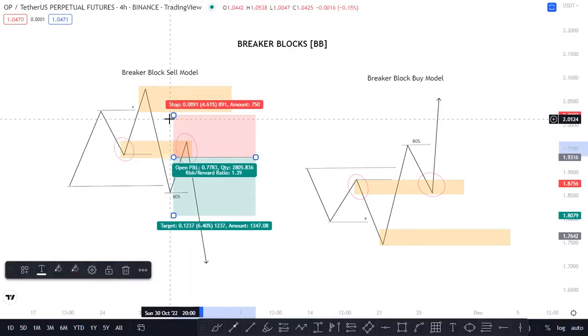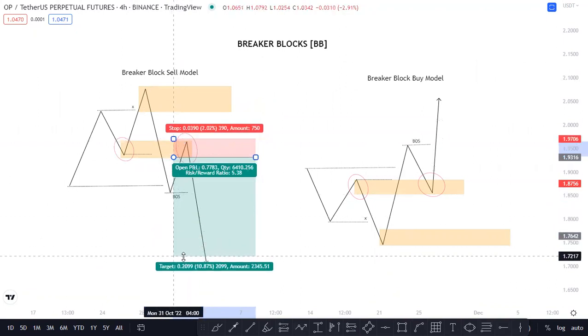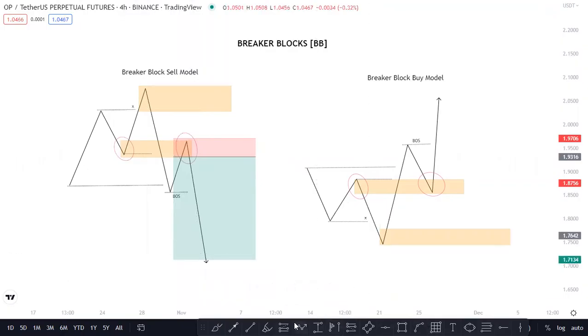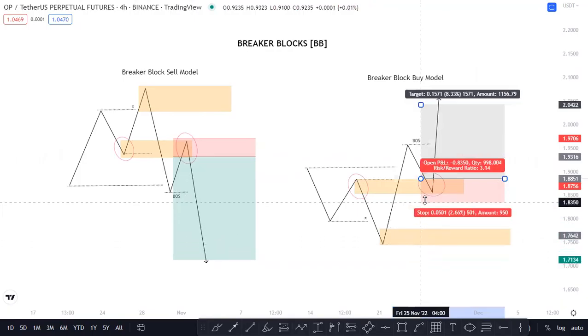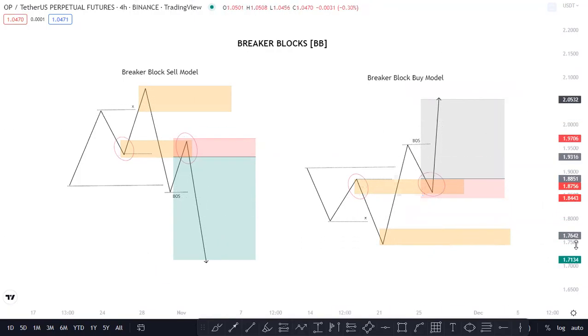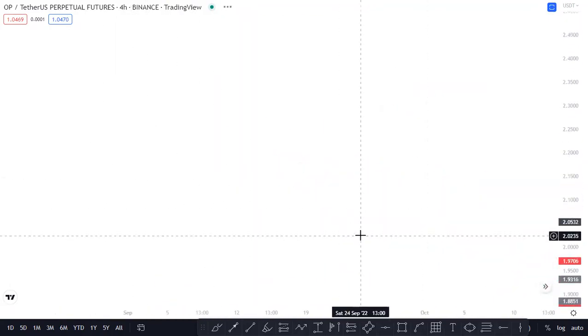I forgot to add this slide. So this is still on the same breaker block sell and buy model.